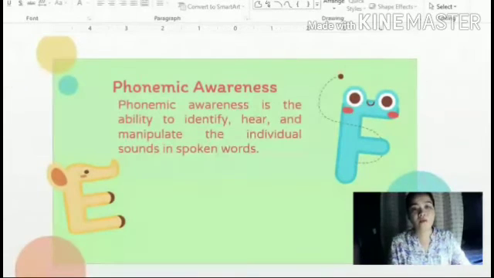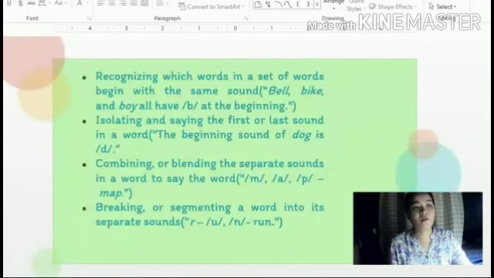Phonemic awareness is the ability to identify, hear, and manipulate the individual sounds in spoken words. In teaching phonemic awareness, we recognize which words in a set of words begin with the same sounds, like bell, bike, and boy.